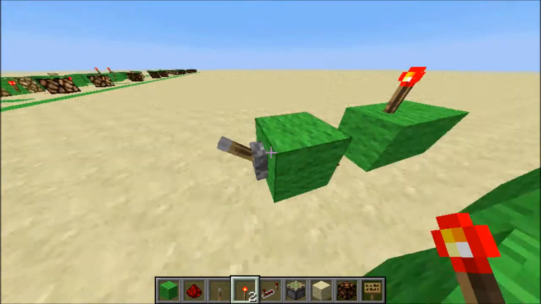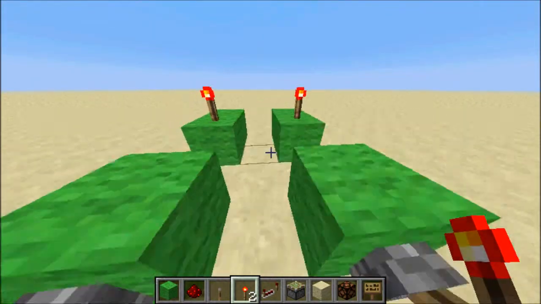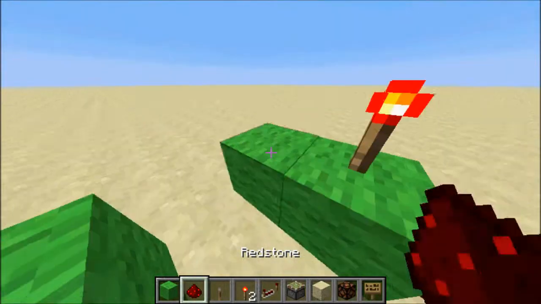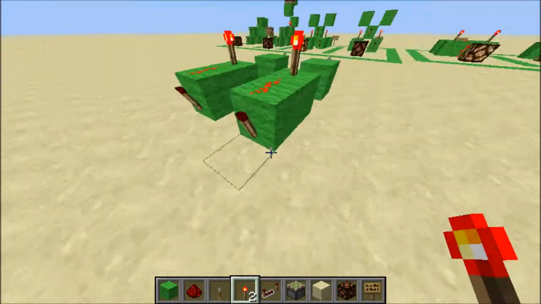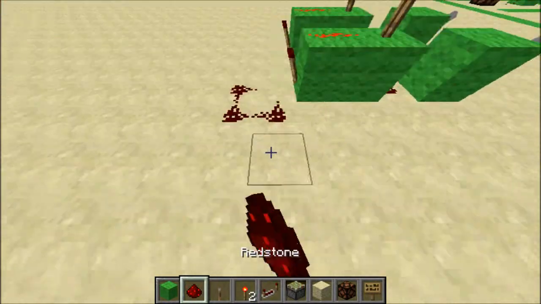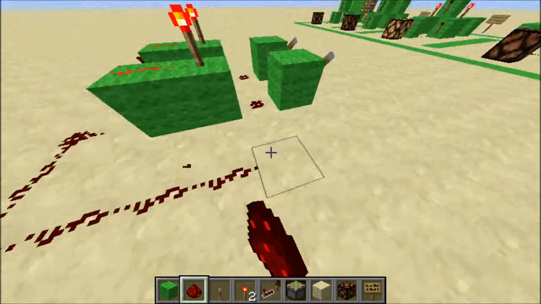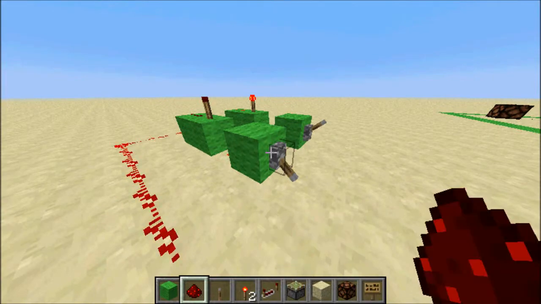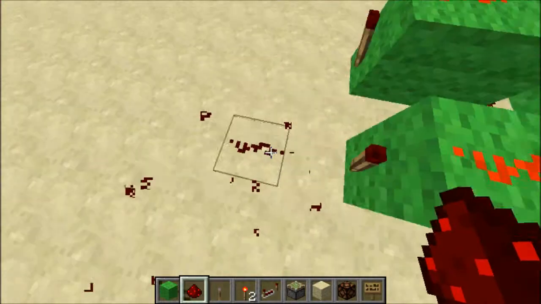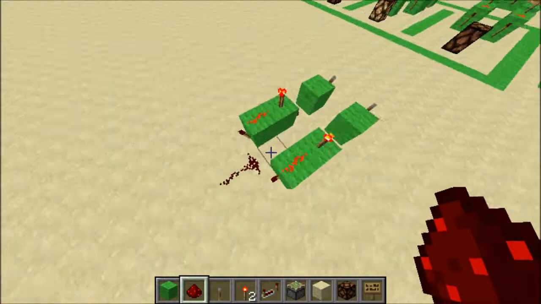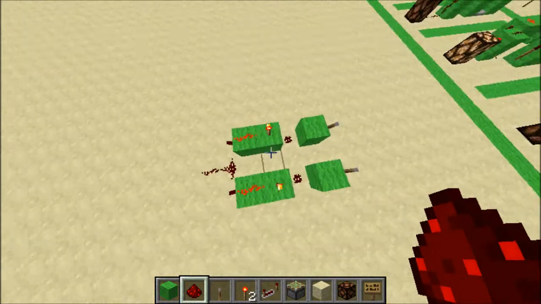As you can see, we invert them like that, and we're going to uninvert them with these torches. So as you can see, this is just the same as the input. And when we OR these together, we just created an OR gate.